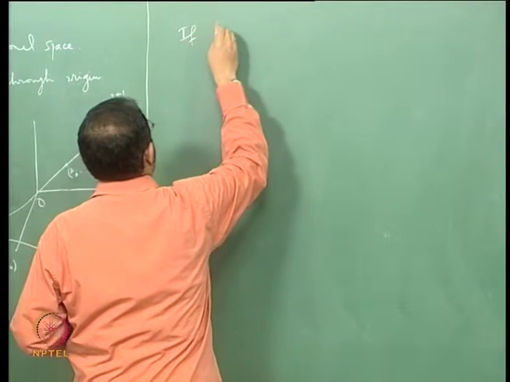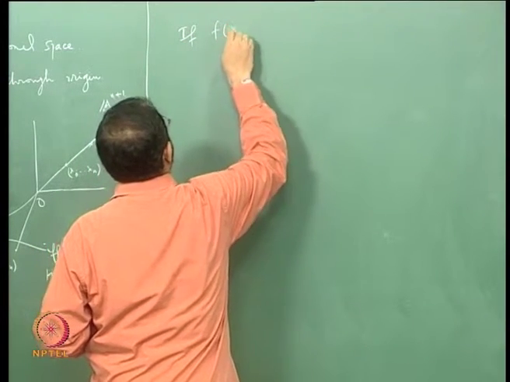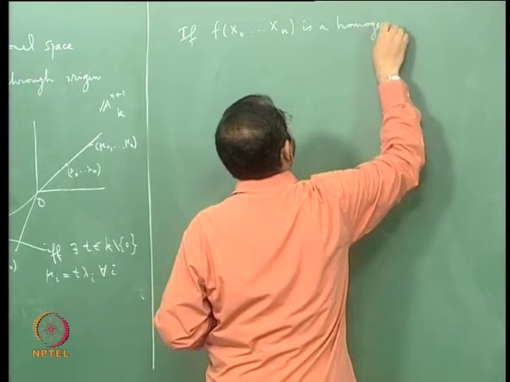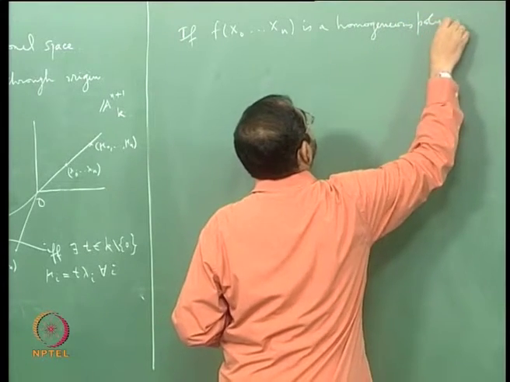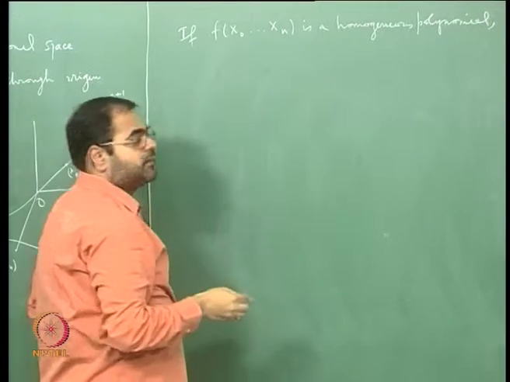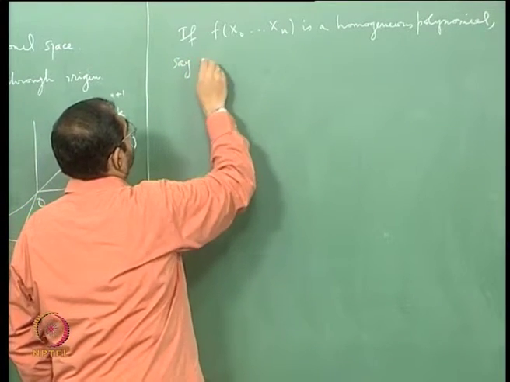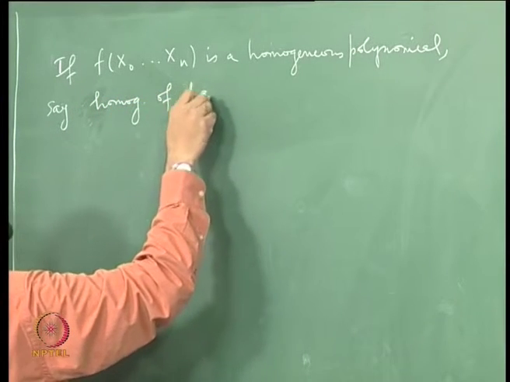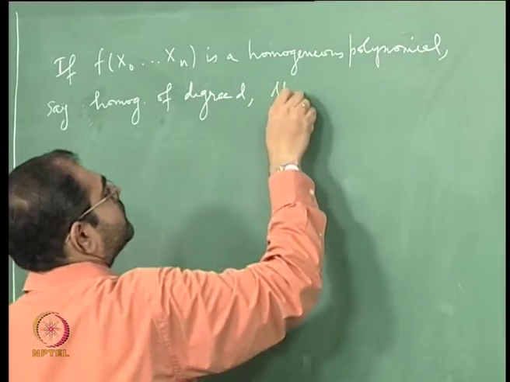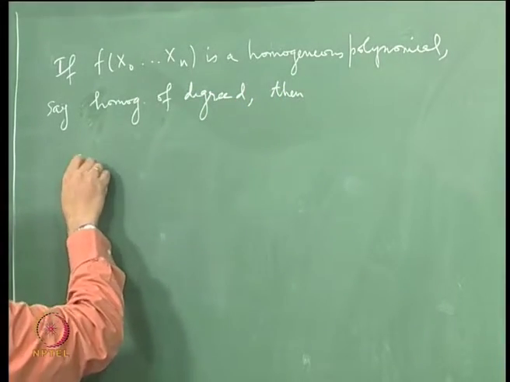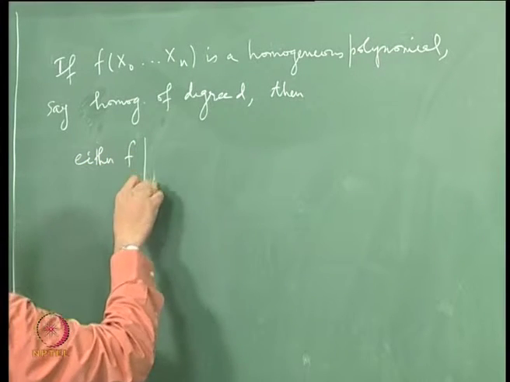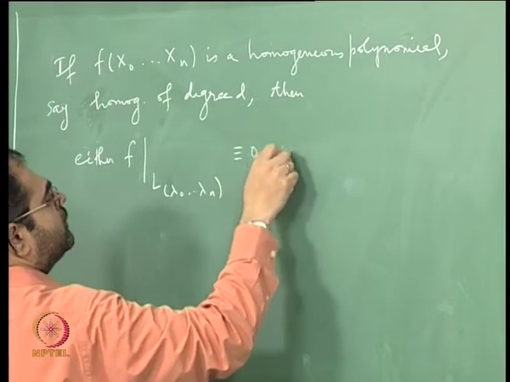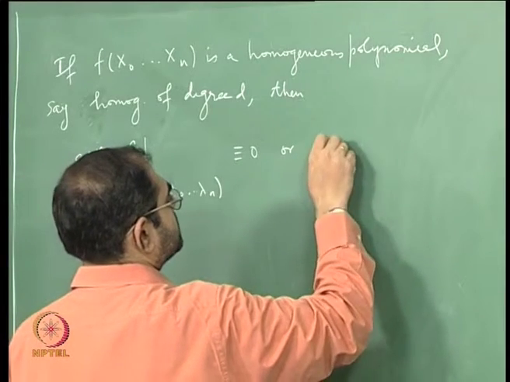If f(x_0, ..., x_n) is a homogeneous polynomial of degree d, then either f restricted to the line through (λ_0, ..., λ_n) is identically 0 or it is nowhere zero on the line otherwise.